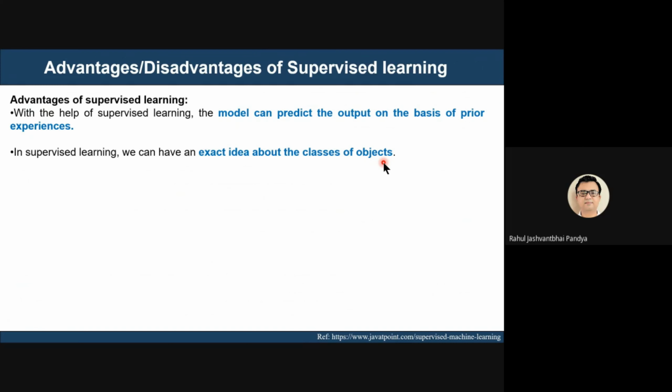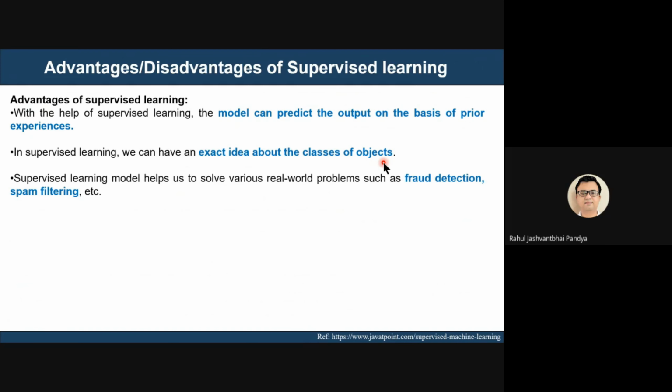We know that a particular object belongs to a particular class through the labels, right? And supervised machine learning helps us solve various real world problems, such as fraud detection and spam filtering. Based on a particular label, we can identify that it's a spam mail and then put it in the spam folder, right?